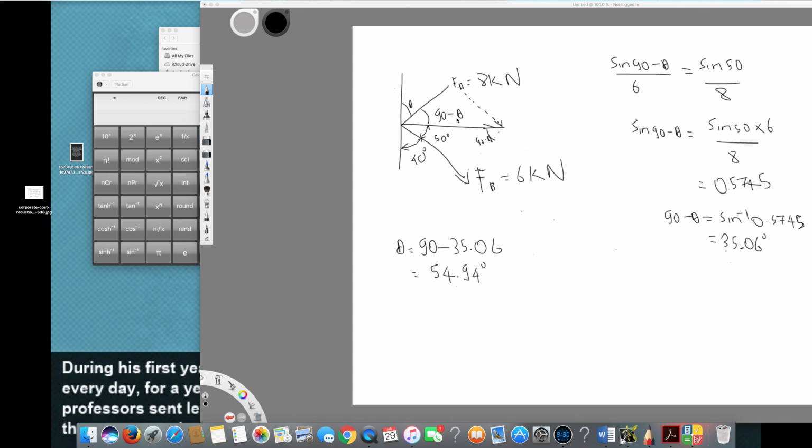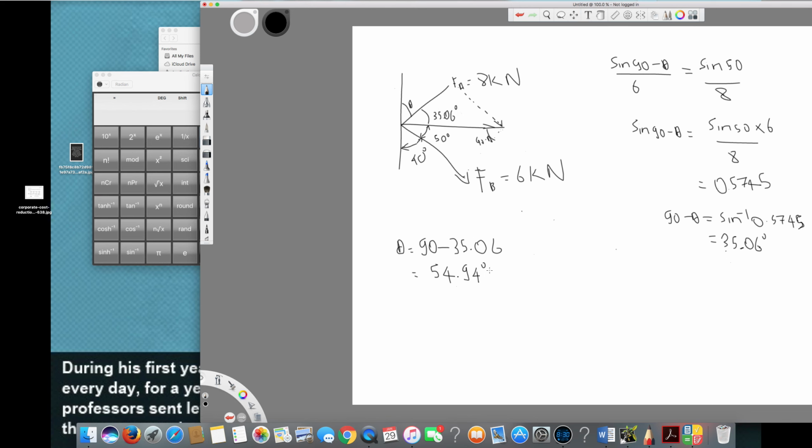Instead of 90 minus theta, I'm going to put this new angle, 85.06 degrees altogether.